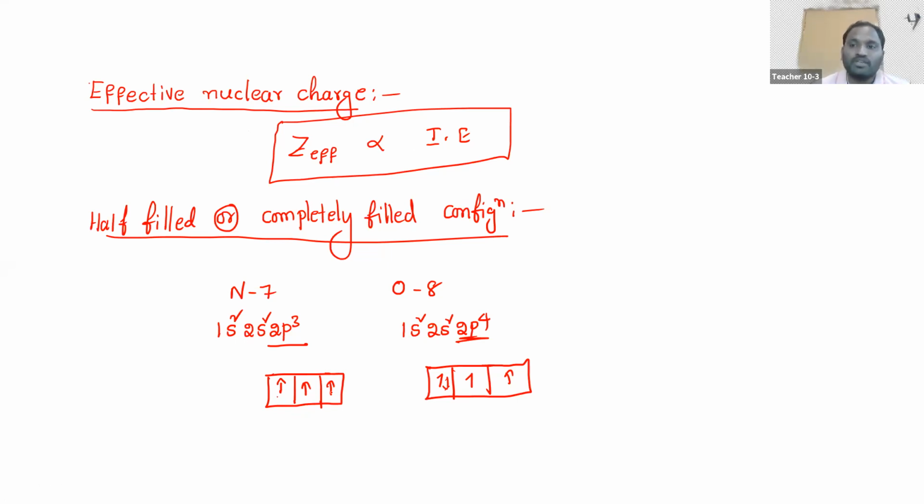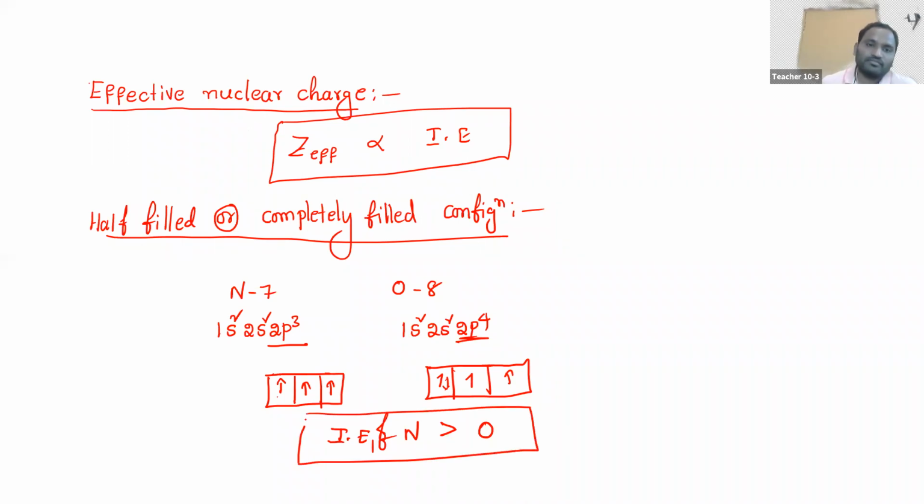Because of symmetry. All the atomic orbitals get an equal number of electrons. If the electrons are arranged in a symmetrical manner, the atom will be stable. So compared to oxygen, nitrogen's stability is more, and removal of an electron is difficult. So the first ionization energy E1 of nitrogen is greater than oxygen.